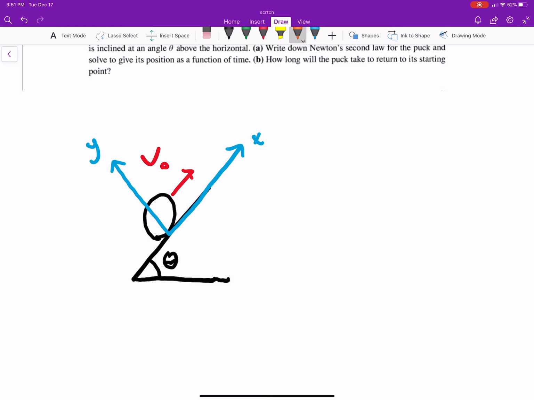Okay, so now that we determined that, let's draw a free body diagram. So what forces do we have? Well, we're going to have a normal force that's going to be perpendicular, so just right there. That'll be our normal force. Then we're going to have a weight force pulling it down.